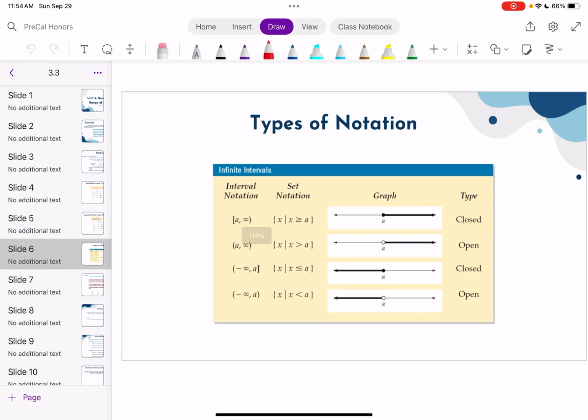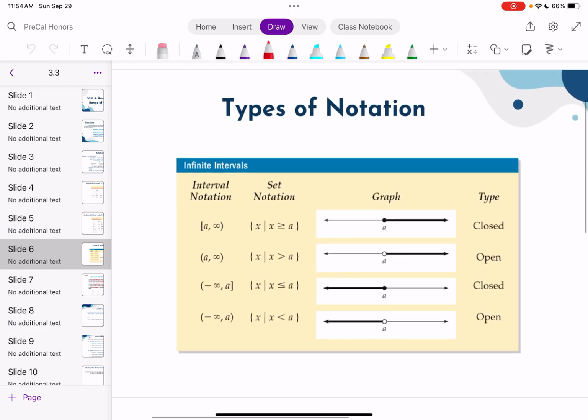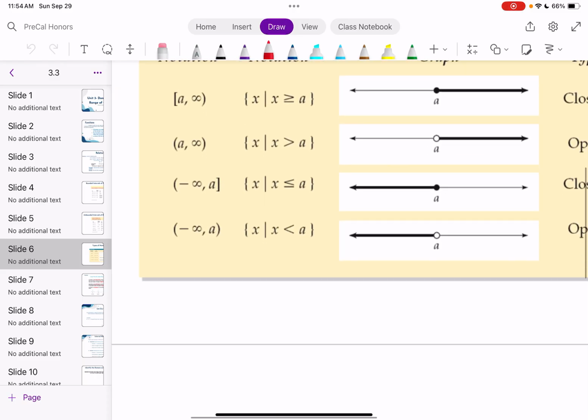So we have our types of notations. Another way of describing our notations: we have described our interval notation, which deals with parentheses and brackets. We have spoken of our set notation, where we write whatever the variable is that we are in reference to.